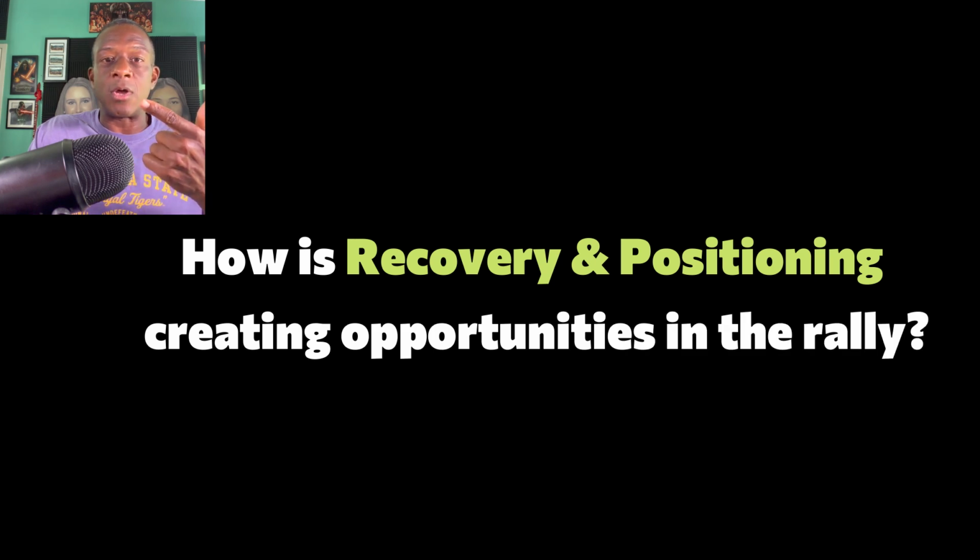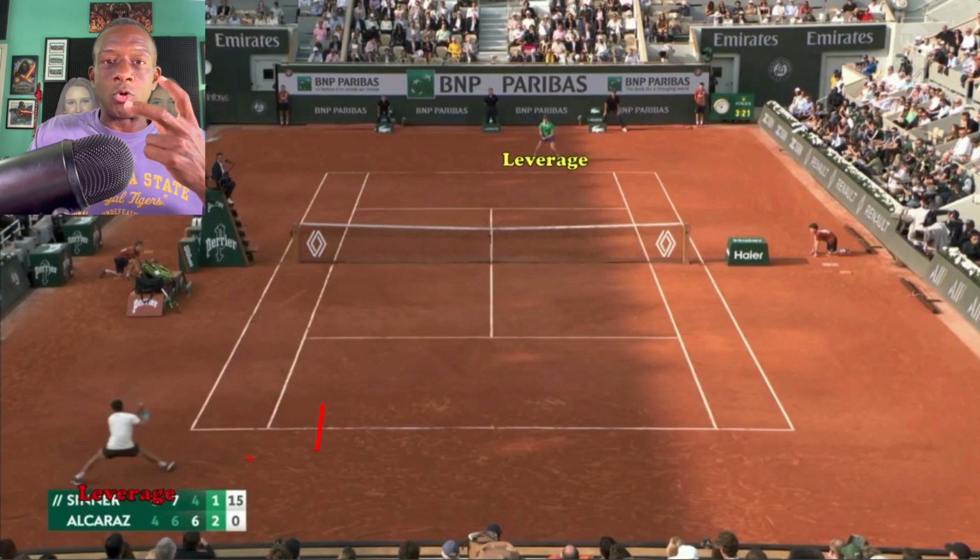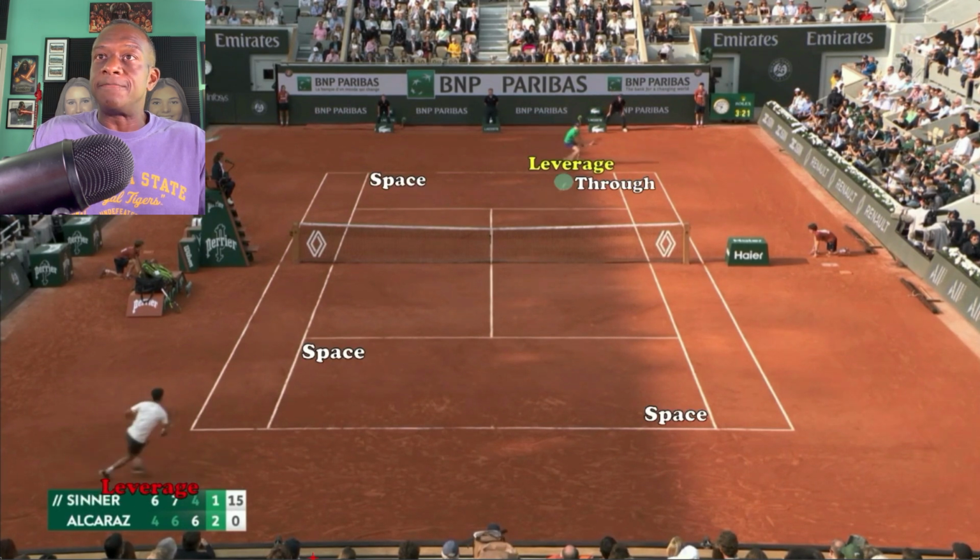So how much leverage do the 2 players have? Is the ball wide, or is it in the middle of the court? How are the through balls affecting the rally? And then while you're looking at all of these things, you're paying attention to if people are recovering in a place that opens everything up. Like this is an example where recovery is just going to open everything up and change the rally.